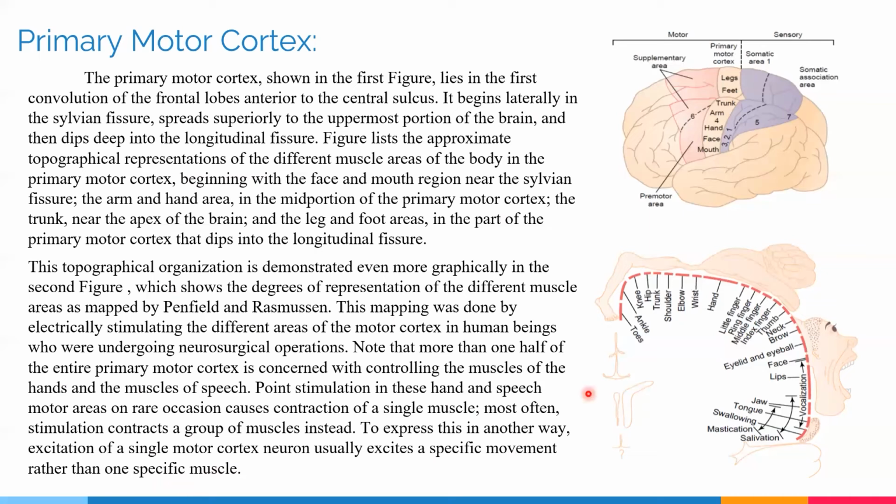So the question does arise of how exactly all of this was so minutely mapped by Penfield and Rasmussen. What happened is that Penfield, during neurosurgery of his patients, would take an electrical probe and would artificially stimulate the various areas of the motor cortex.